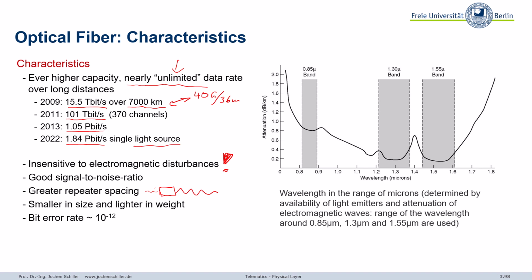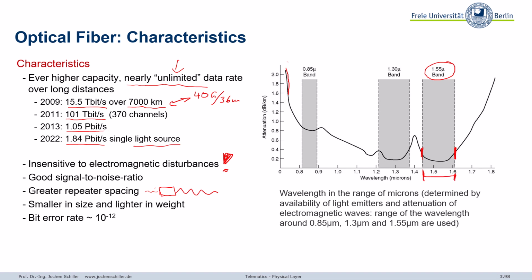And here we see why we can transmit that many bits per second on this diagram. Here we see the attenuation. That's just an example, giving you several windows where you can transmit data. For example, at 1550 nanometer, we have an opening, a window where attenuation is quite low. And this means we can use this bandwidth.